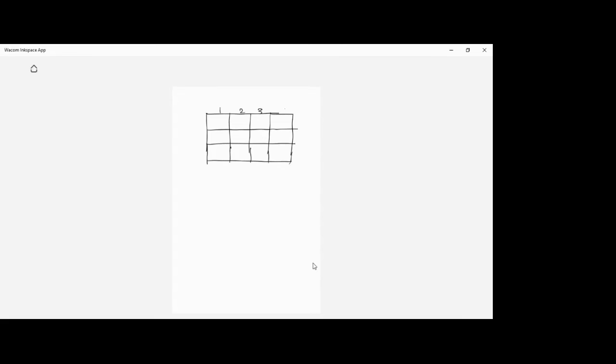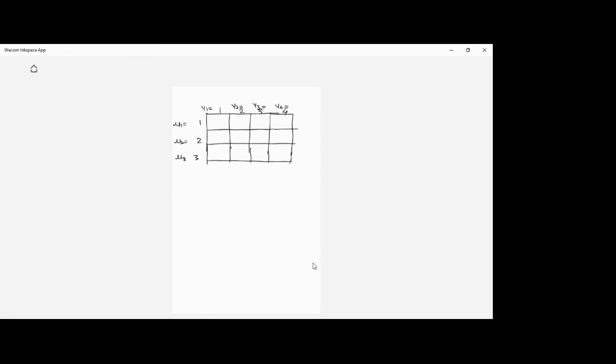So it will be V1 here, V2 here, V3 here, and V4 here, right? It will be U1 here, U2 here, U3 here.